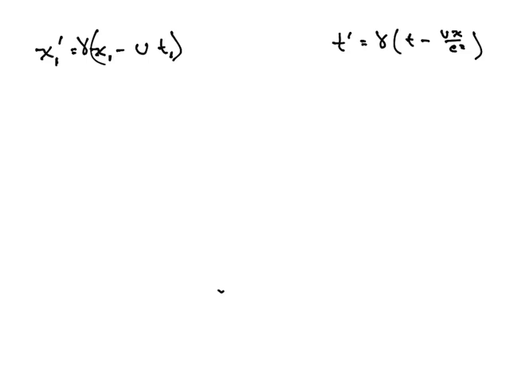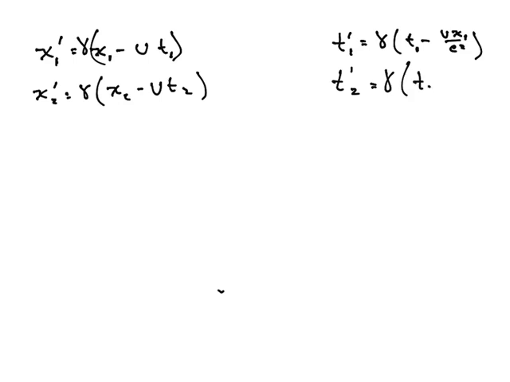At what time did you shoot it? Things like that. And the same for t' and t and x. Okay, all ones. And of course, when the bullet hits the wall, we'll call that 2. That's the second event happening. So x'2 is gamma times (x2 minus ut2). And t'2 is gamma times (t2 minus ux2 over c squared).